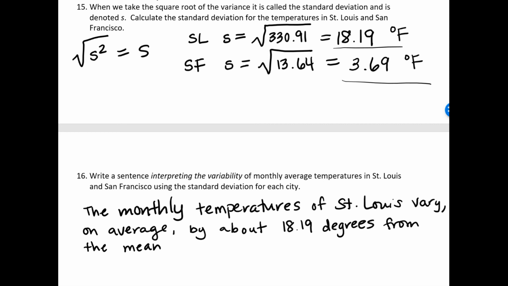All right, so in St. Louis, those average temperatures vary on average by about 18 degrees from that mean of 56.